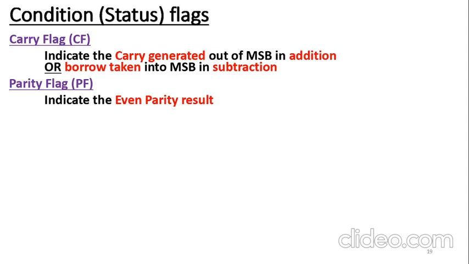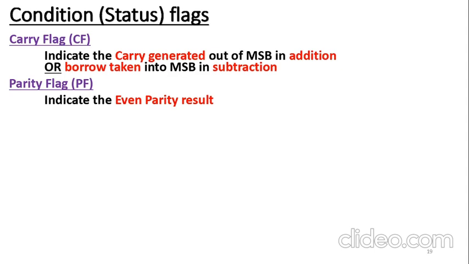It means PF equal to 1 means the result generated has an even number of ones within it. Result has even parity. And whenever PF is equal to 0, it means the result has odd parity, an odd number of ones.